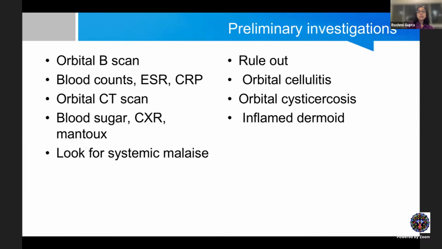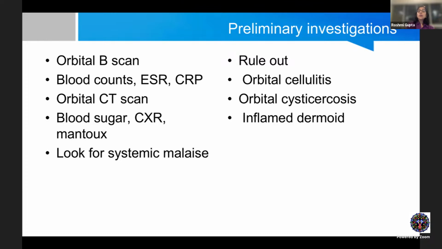Supposing a patient comes in with swelling, pain, proptosis, limitation of movement, all the things that we talked about. In a typical eye hospital setup, what are the things we can do the quickest immediately after they come in?